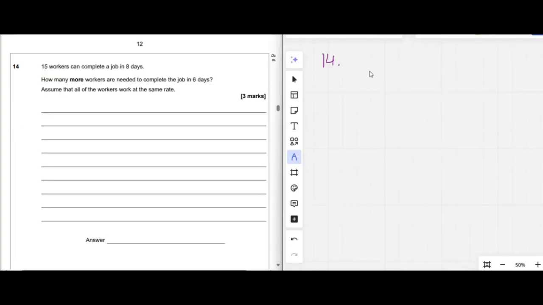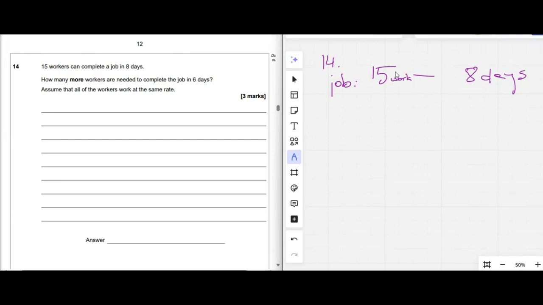Next, we have 15 workers can complete a job in 8 days. How many more workers are needed to complete the job in 6 days?